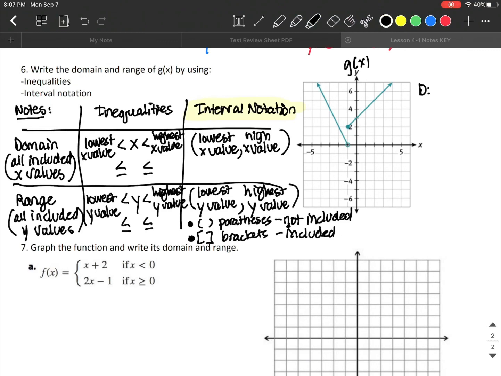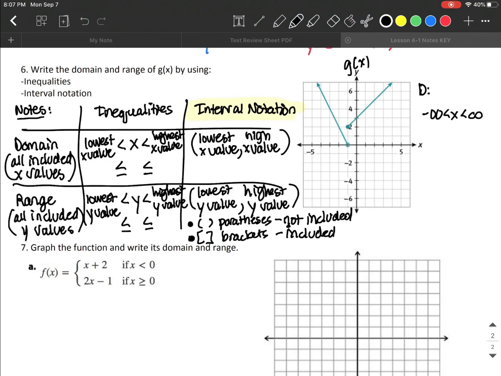This line goes on and on and on forever, so my lowest x value is going to be negative infinity. So I'm going to write negative infinity is less than x, which is less than, what's my highest value? This line goes on and on forever, so it's going to be positive infinity.